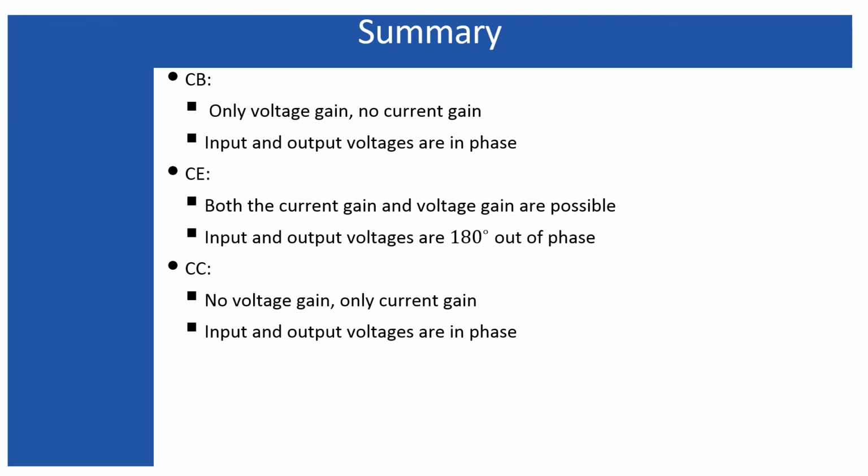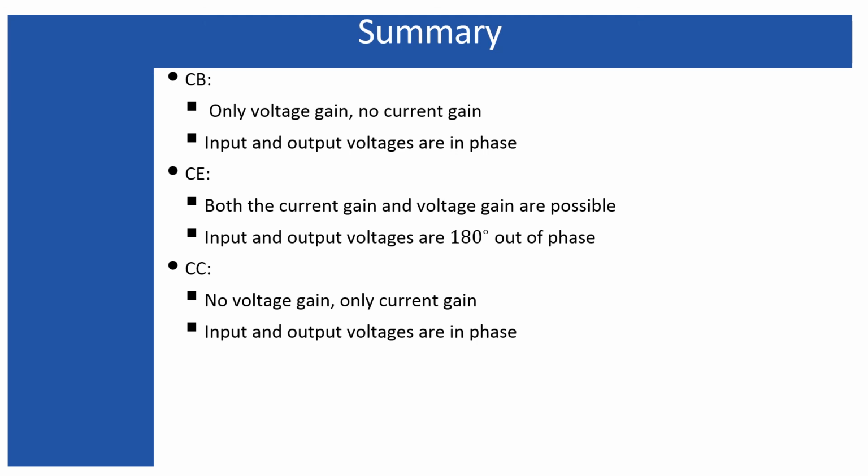In summary, a common base configuration has only voltage gain, no current gain. Along with that, the input voltage and output voltage are always in phase in case of a common base amplifier. That means when input voltage increases, so does the output voltage. On the contrary, the common emitter configuration offers both voltage gain and current gain.